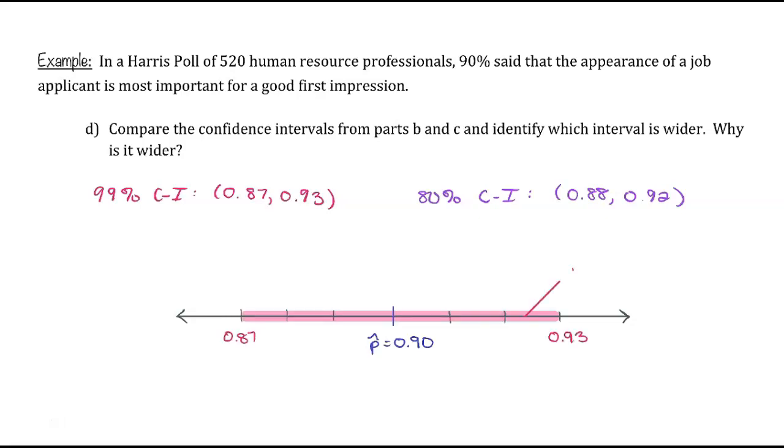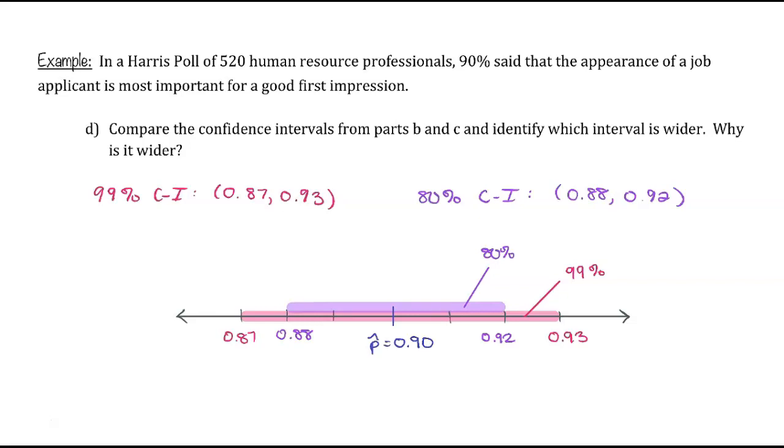In other words, we are 99% confident that the actual population proportion is somewhere in this range. Our 80% confidence interval, on the other hand, goes from 0.88 to 0.92. In other words, we are 80% confident that the actual population proportion is in this range.